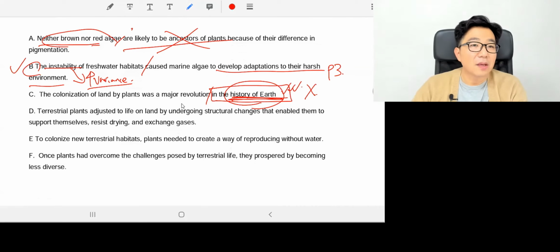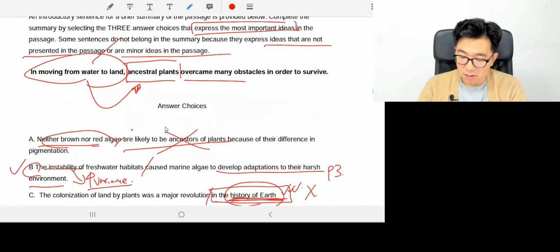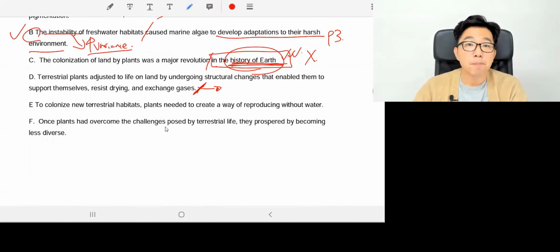Okay, D. Terrestrial plant, land plant, adjusted to life on land by undergoing structural changes that enable them to support themselves, resist drying, and exchange gases. So this is really the main idea of the whole passage to support the thesis, right? So they faced some challenges because land conditions were different and hard. So what happened?